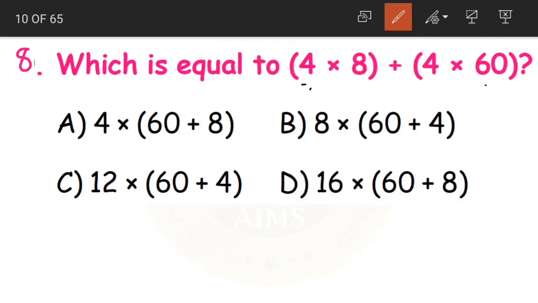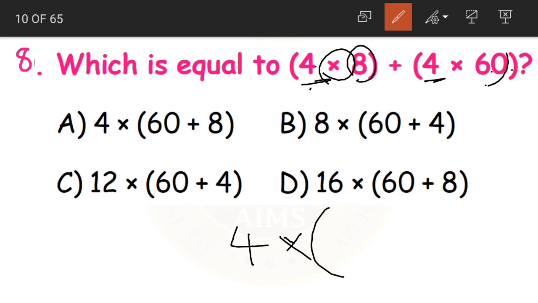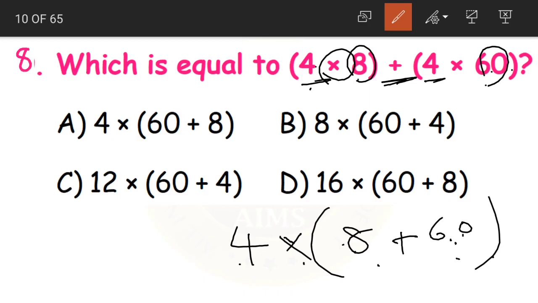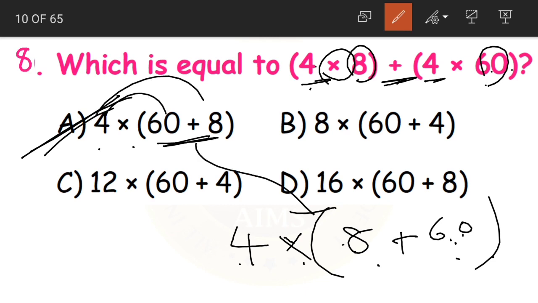Here in both the numbers 4 is common. So 4 is written outside, and then the into sign. Now open the brackets. Now besides 4, what numbers do we have? 8 and 60. Now between these two, what symbol is to be kept? Plus symbol here. So what is our answer? 4 into 8 plus 60. That is nothing but option A, 4 into 60 plus 8. Clear, children? This is our distributive property of multiplication.